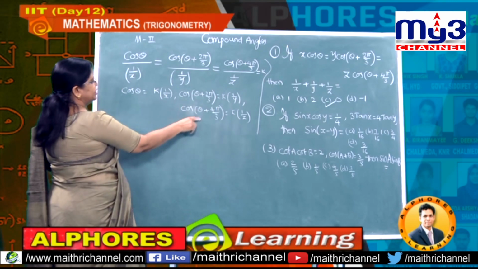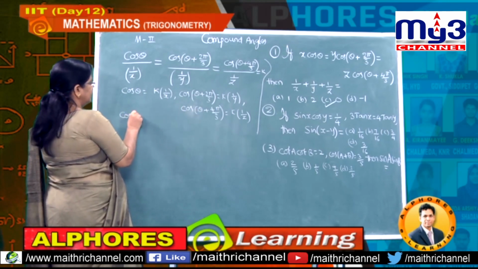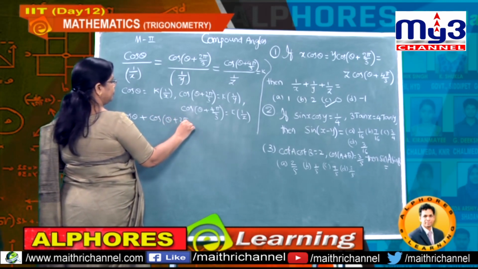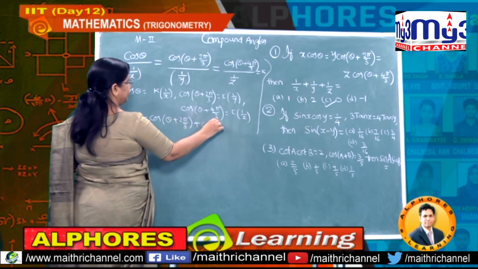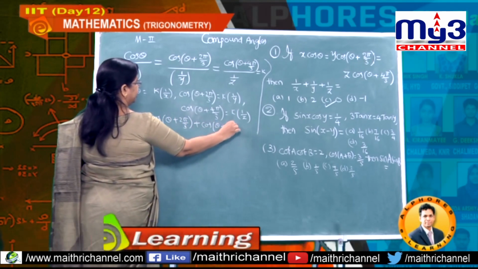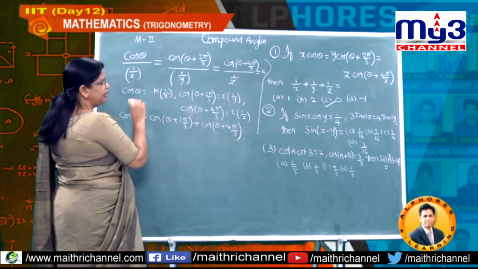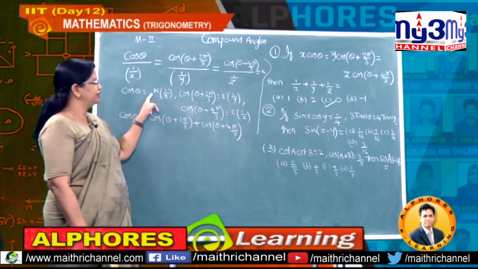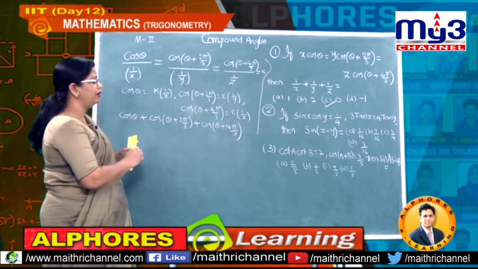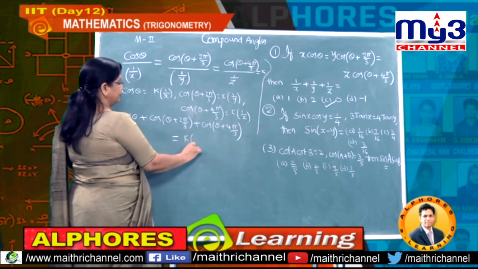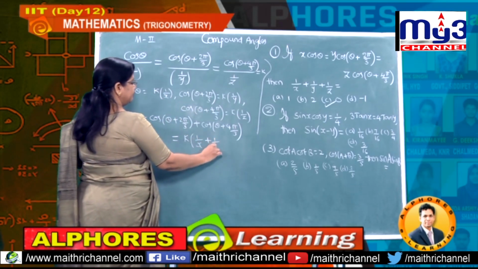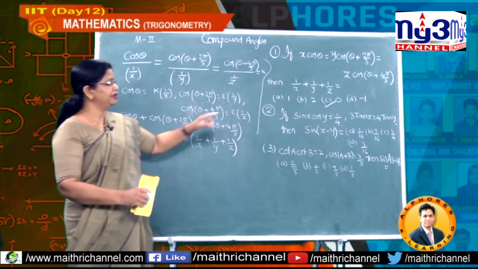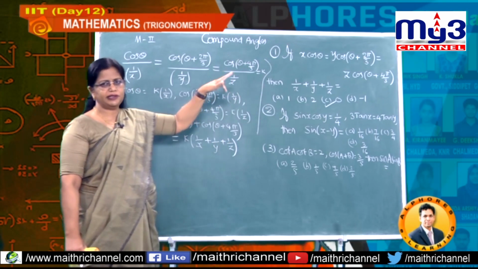So cos theta plus cos of theta plus 2 pi by 3 plus cos of theta plus 4 pi by 3 equal to k by x plus k by y plus k by z. So let us take everywhere k as common, then k into 1 by x plus 1 by y plus 1 by z, okay. So got it, that means you are nearer to the result.